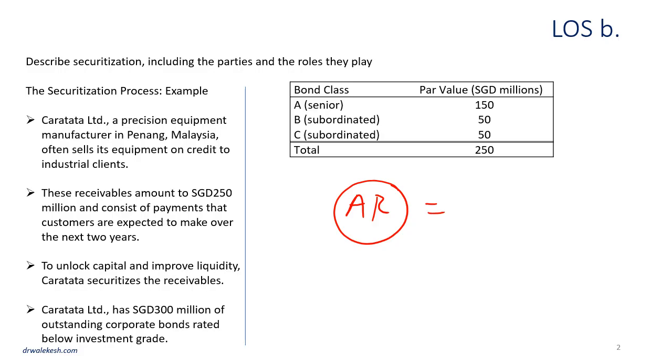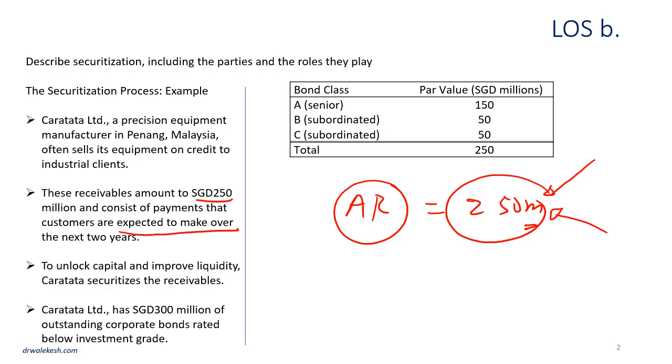So the account receivables amount to 250 million, and clients are expected to pay this 250 million over the next 2 years. That's obviously a long period of time in order to unlock capital and also improve liquidity. Company C securitizes the receivables.